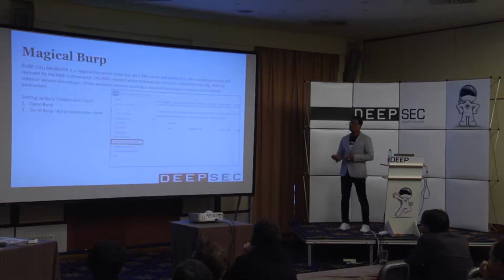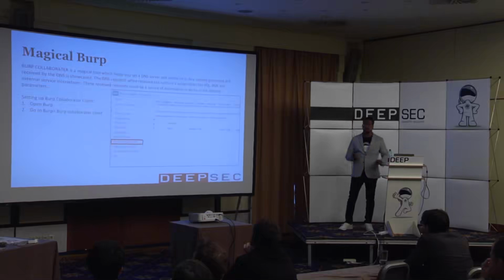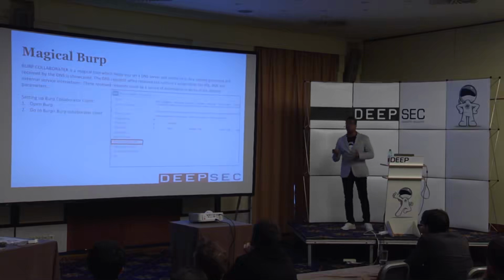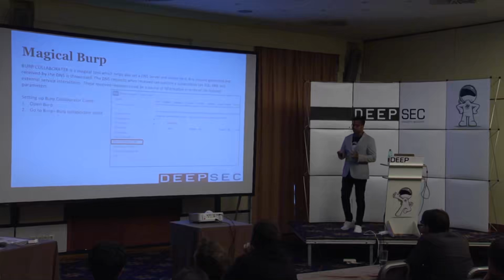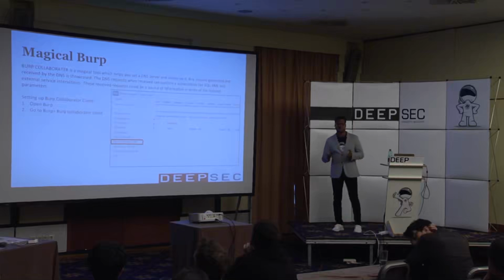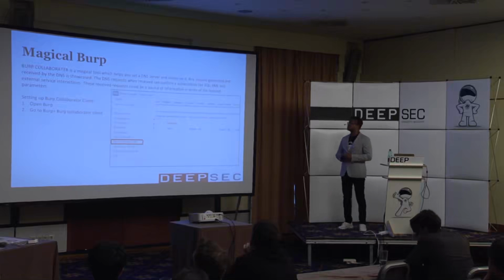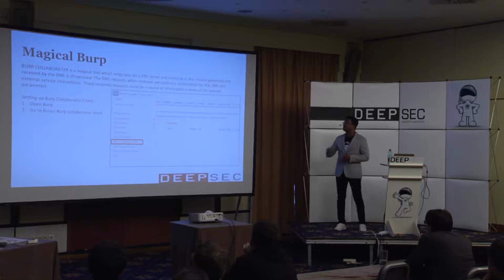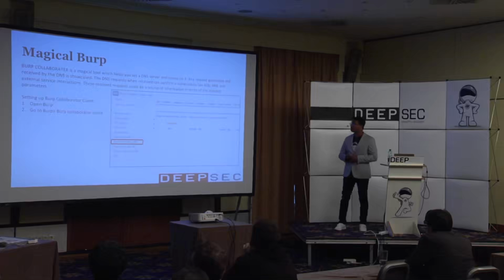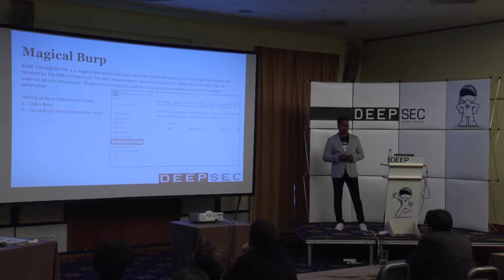And how can one set up DNS exfiltration? This is done magically using Burp, through the Burp Collaborator client. I came across Burp Collaborator while going through a page by James Kettle.